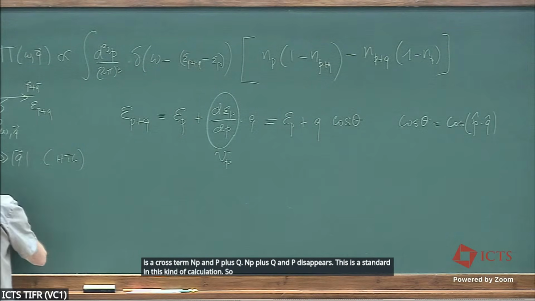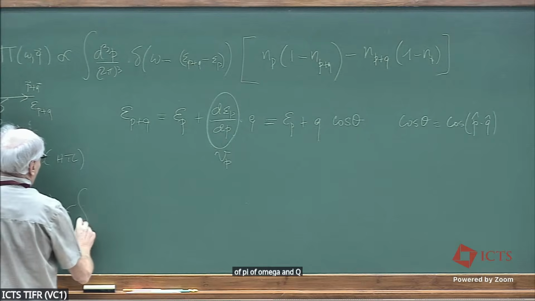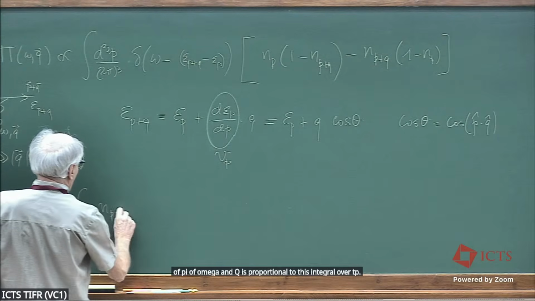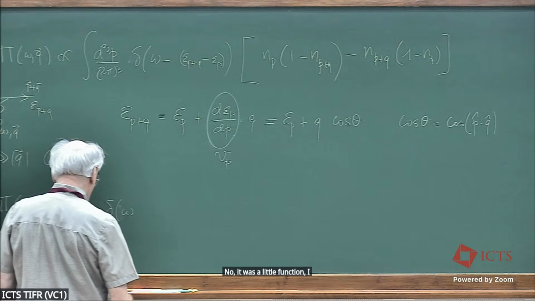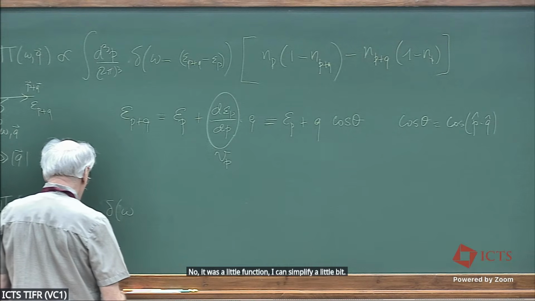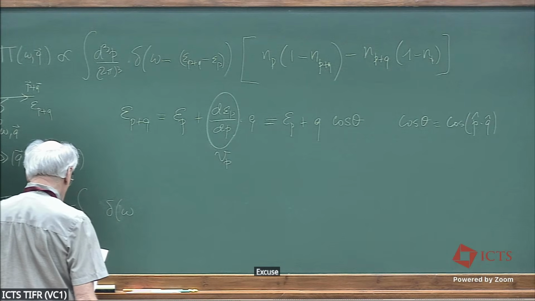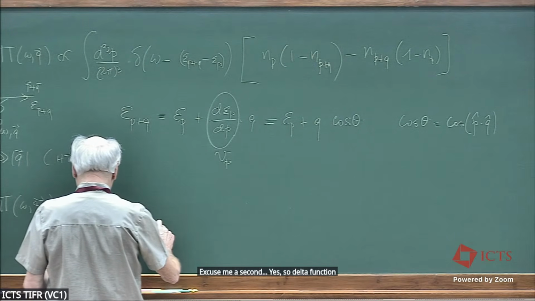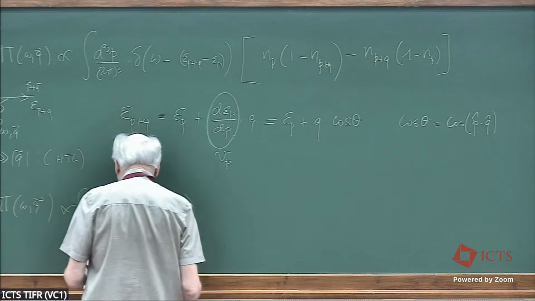So the imaginary part of pi of omega and q is proportional to this integral over p. There is a delta function, of course, which I can simplify a little bit: delta function of omega minus q cosine theta.